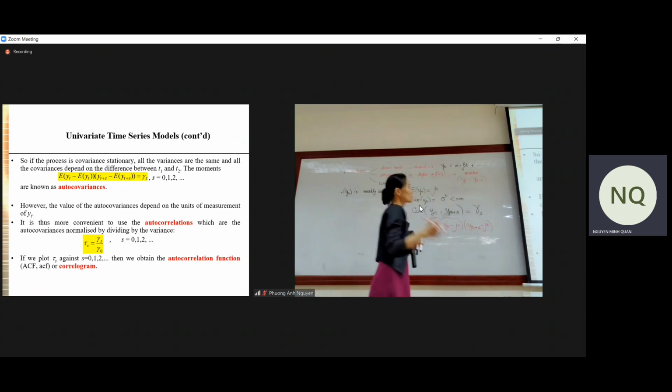This is a constant depending on the lag s, on the difference between the two points in time, and we call it autocovariance.